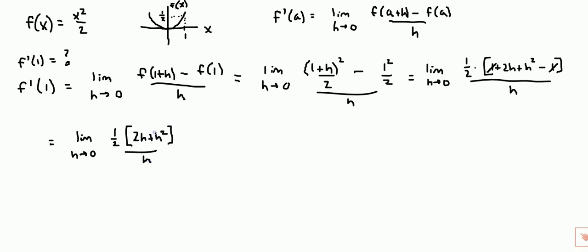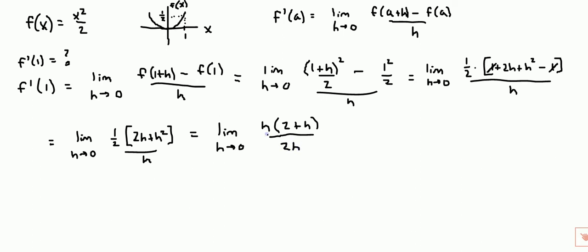So we can factor an h out of the top. And I'm going to go ahead and move the 2 down to the bottom. Okay, so h times 2 plus h, taking an h away from the 2 and an h away from another h, all over, remember the 2 comes down, multiplied by h.